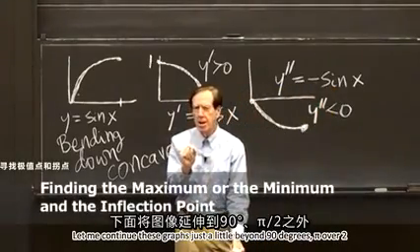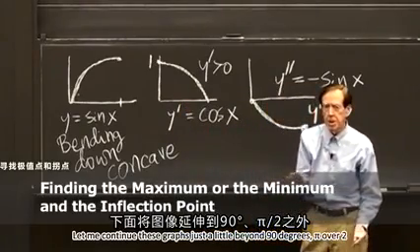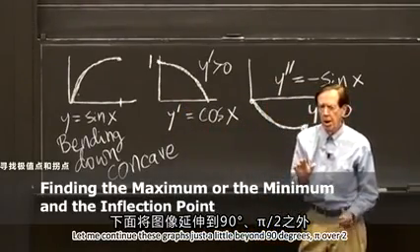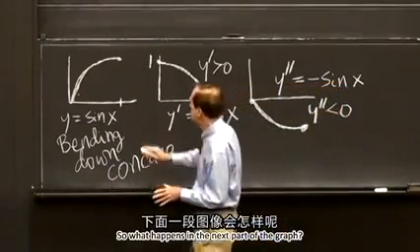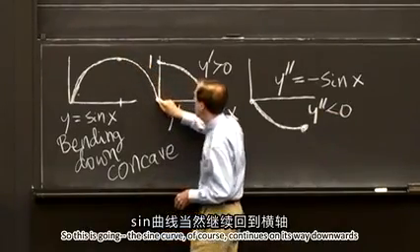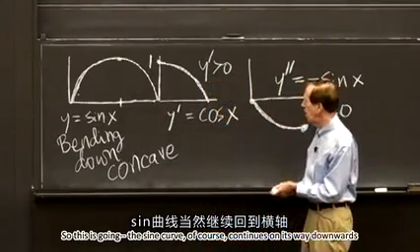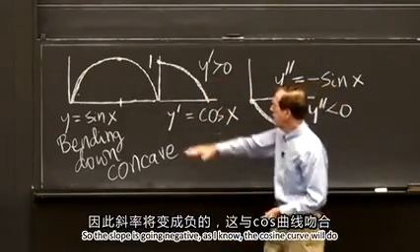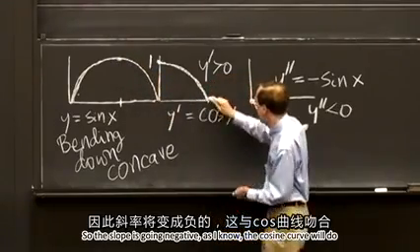Let me continue these graphs just a little beyond 90 degrees, pi over 2, because you'll see something interesting. So what happens in the next part of the graph? The sine curve, of course, continues on its way downwards. So the slope is going negative, as I know the cosine curve will do.